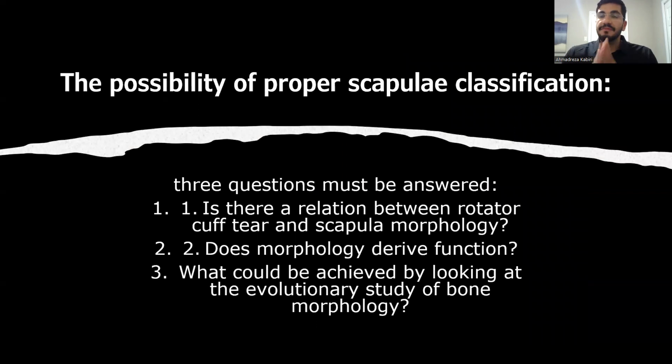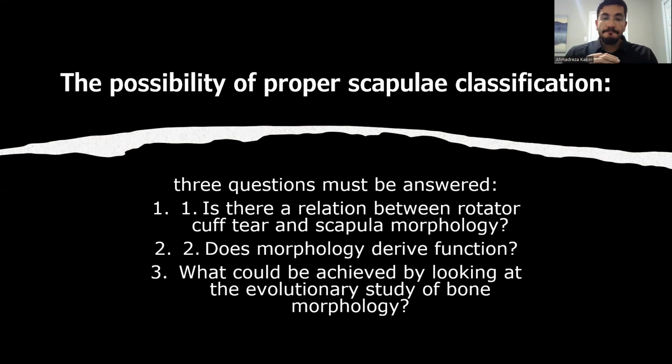So after seeing all this and reviewing the literature, an idea came to my mind, and it was the possibility of proper scapula classification. But before we can do that, I think there are 3 questions that must be answered.